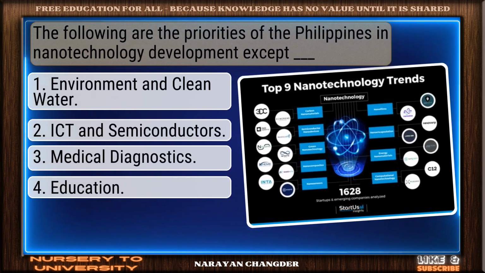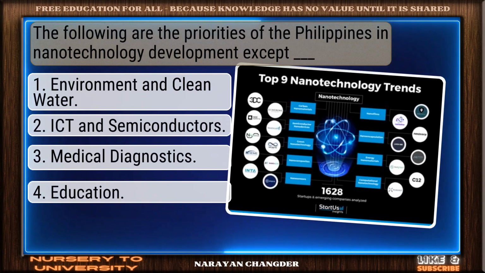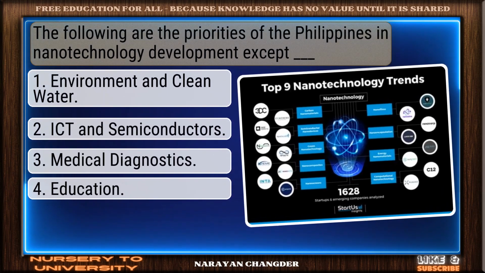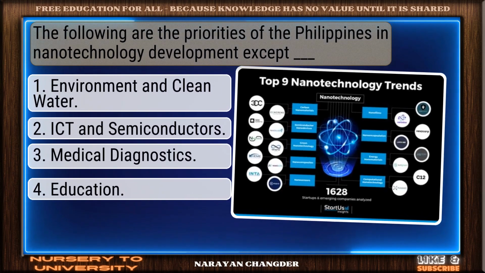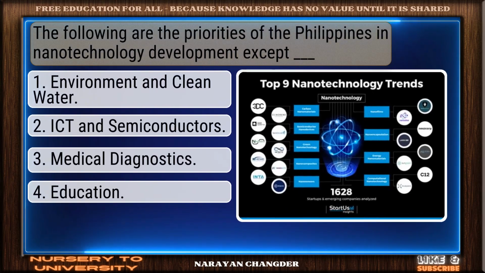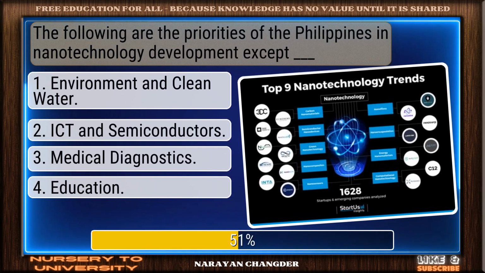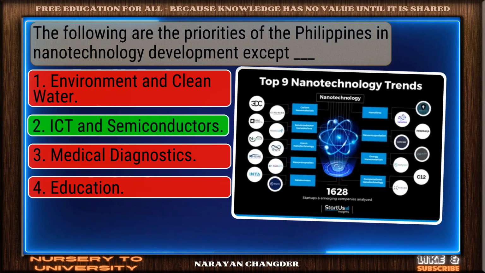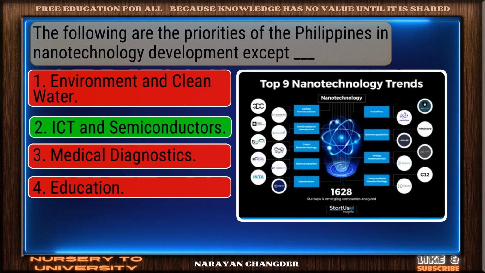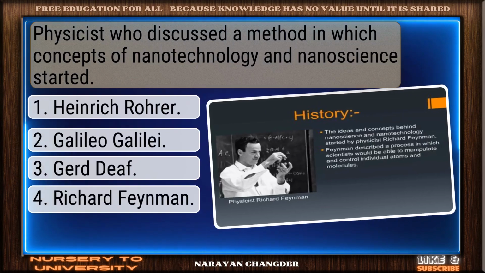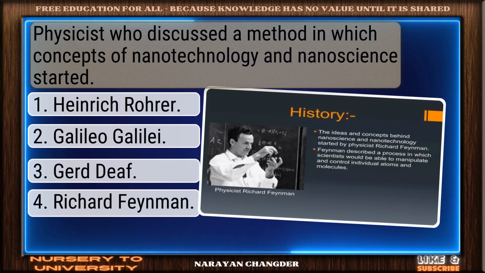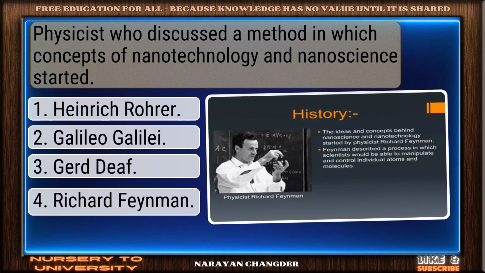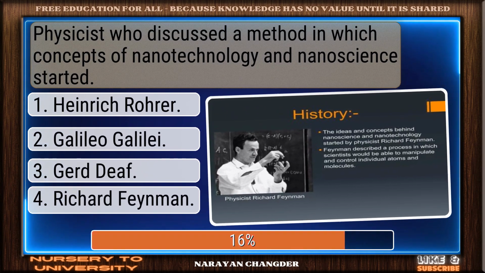The following are the priorities of the Philippines in nanotechnology development, except dash. Sharp thinking. ICT and semiconductors is the right choice. Physicist who discussed a method in which concepts of nanotechnology and nanoscience started.